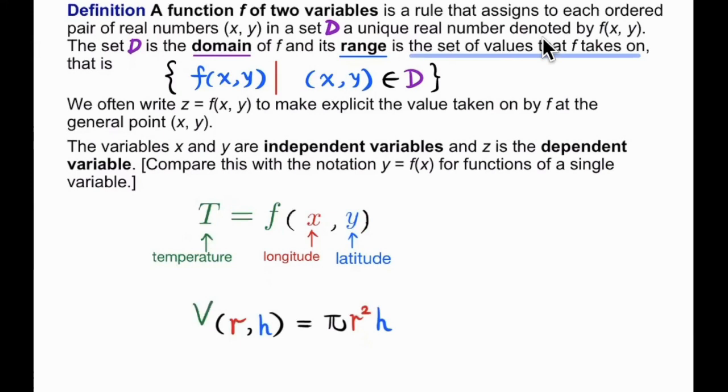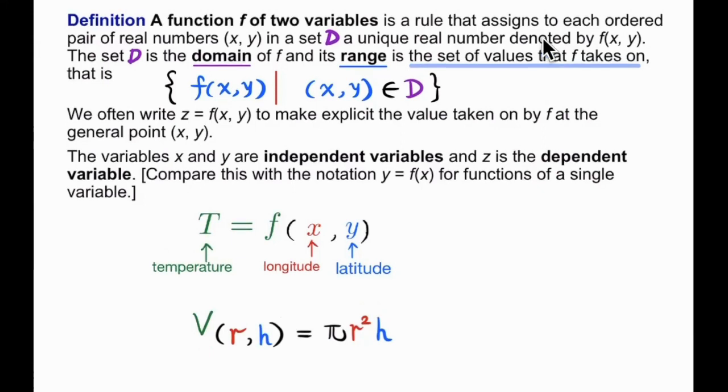For each base radius r and height h, we're going to get a unique number for the volume of the circular cylinder. The output will be a unique real number denoted by f of x comma y.